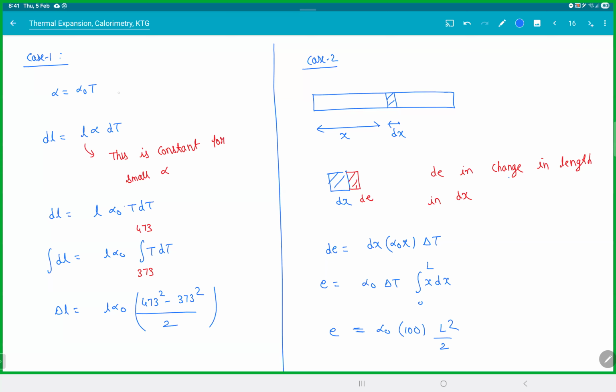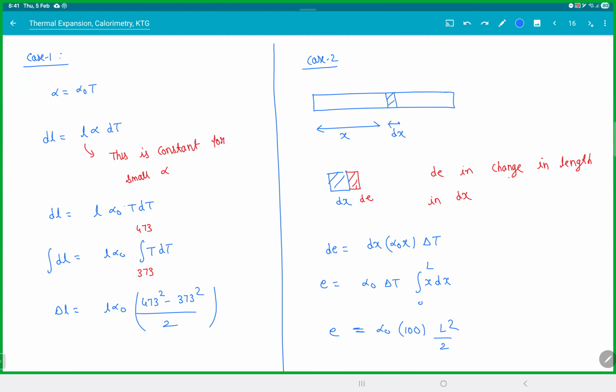So this is one thing, be careful. Since alpha is small, you have to take that length to be constant. We are not going to take the exponential thing. If they give you some numbers, then it's a different thing. All clear with this?